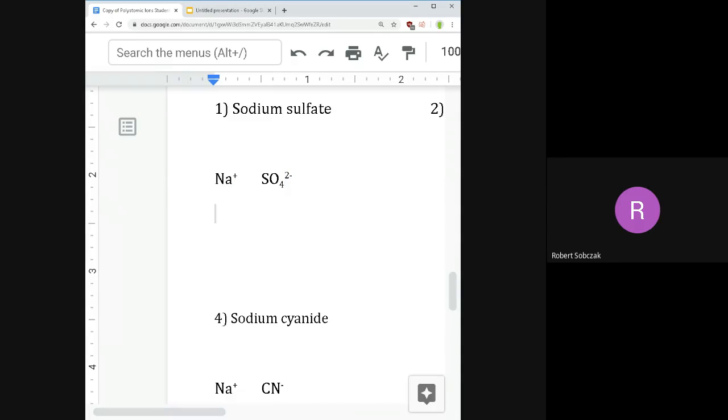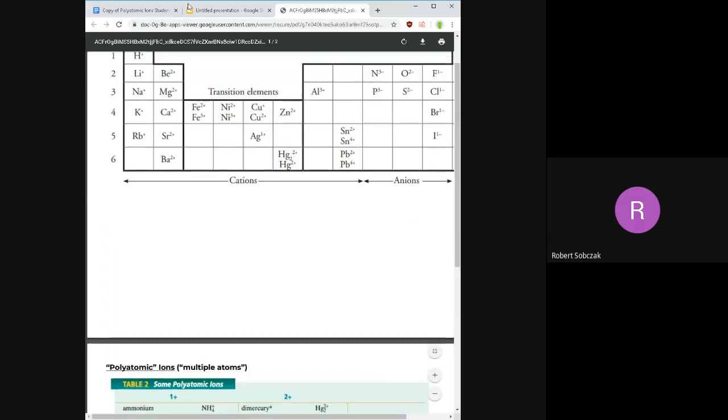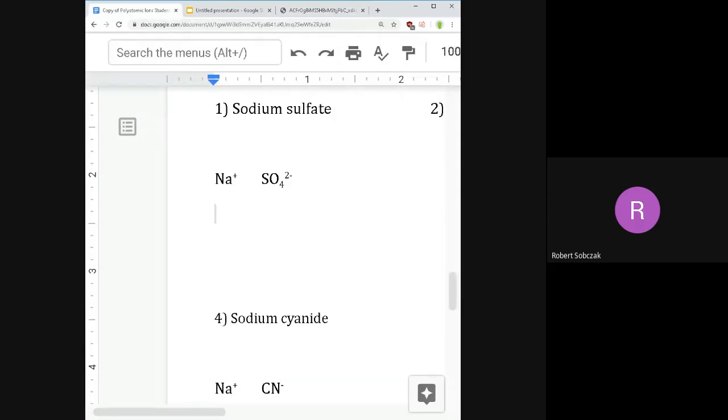I just got those off of the cheat sheet that was linked with the assignment. But we take the 1 from sodium, we take the 2 from sulfate, and we crisscross them down. So the 2 comes down to the left side and attaches itself to sodium. And the 1 attaches itself to sulfate, but since it's 1, we don't have to write 1.